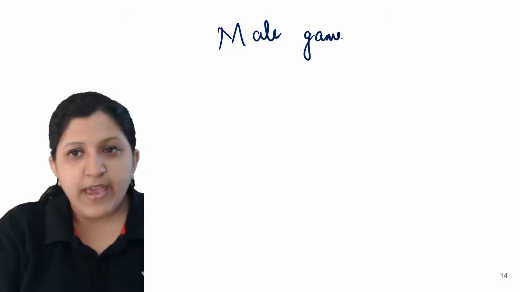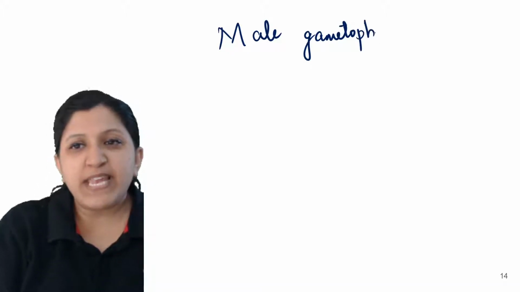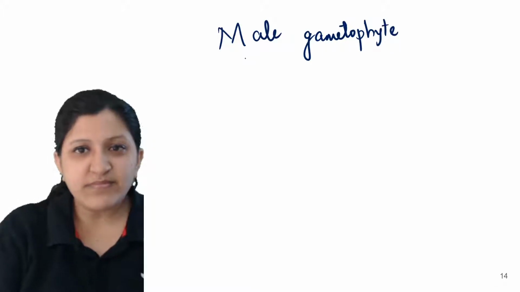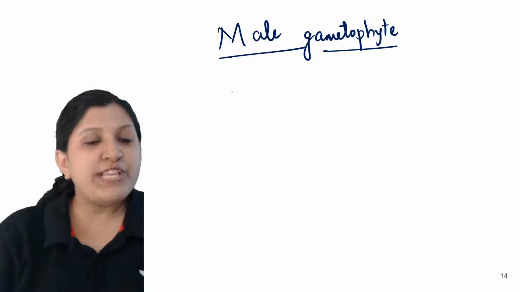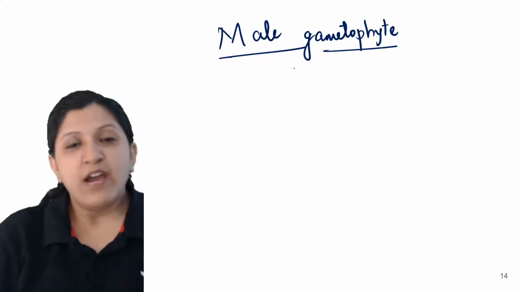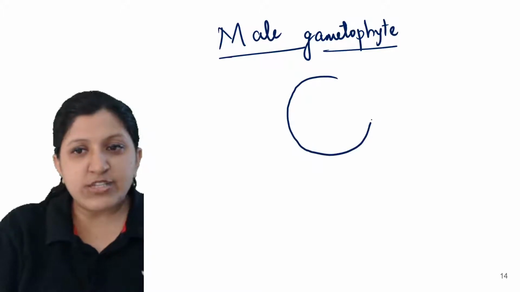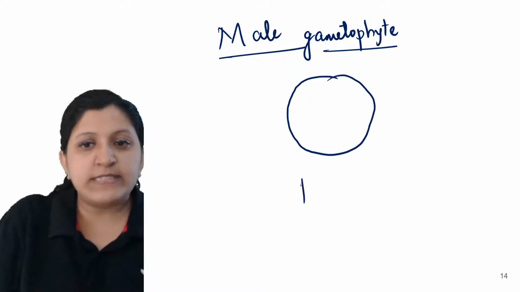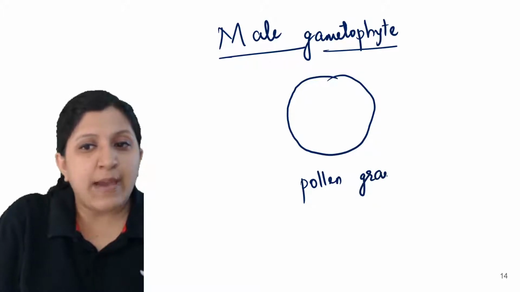Anybody? The meaning is that which holds the male gamete in the case of plants. It is the pollen grain. Now let's draw this pollen grain. The pollen grain is the male gametophyte.